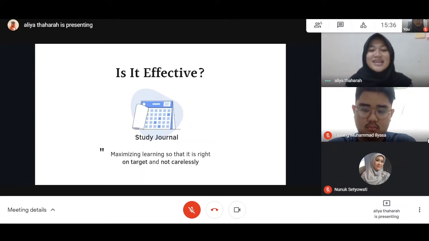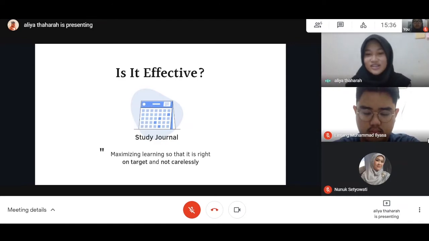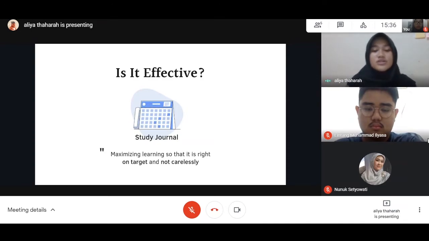But at least, with knowing our best learning style, we could apply that in our learning system so that it could be structured, our studying could be maximized, and right on target and not careless. We could also make a study journal for our learning style, to make our learning system more structured.